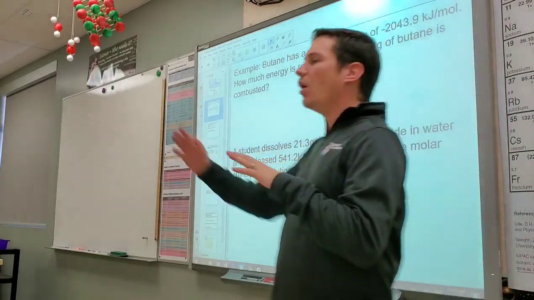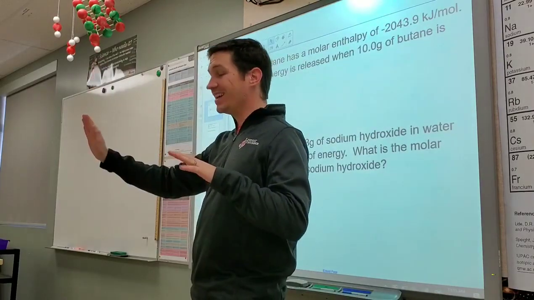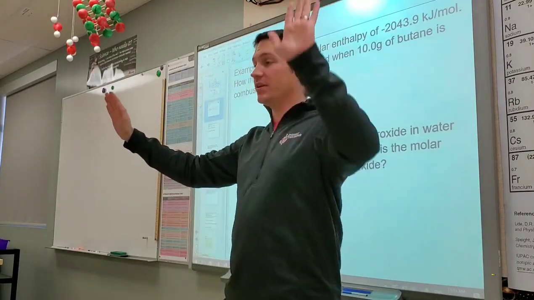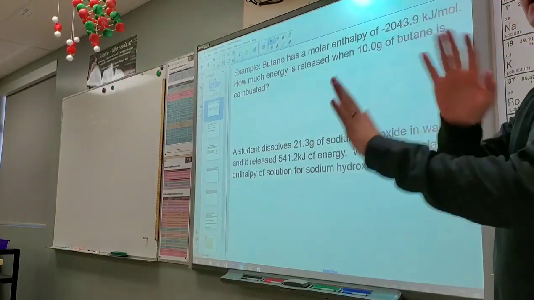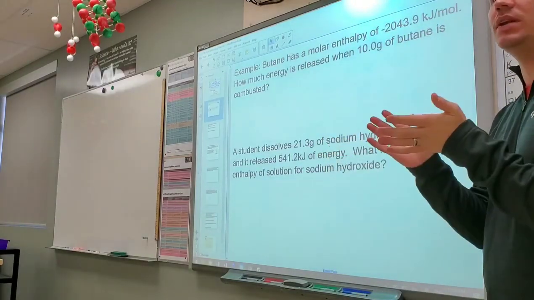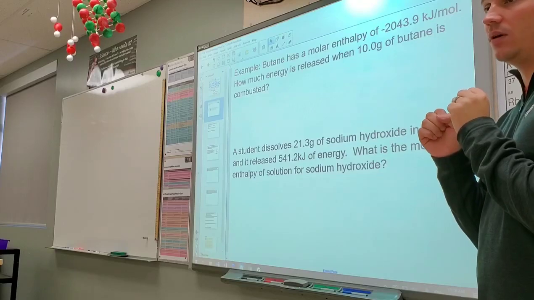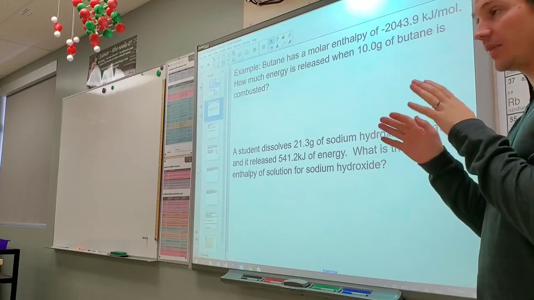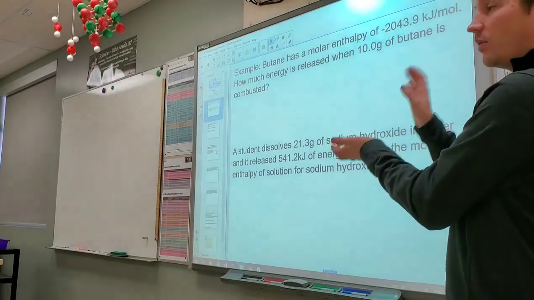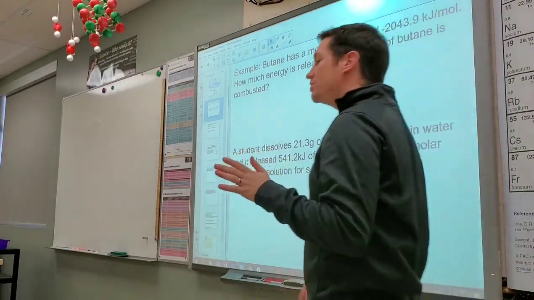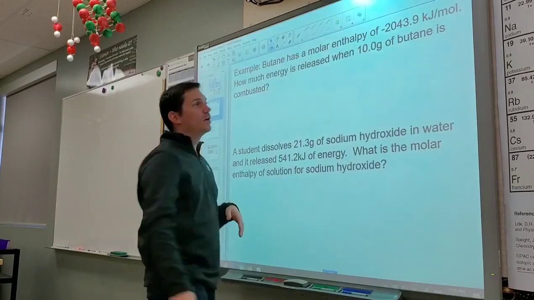Is it giving you one substance and then asking about a different substance? No, it's not. Because it's not stoichiometry, you don't need a chemical reaction right now. I want to be very clear about that. It's talking about one substance, and you're sticking with that one substance. So we can just use unit analysis.